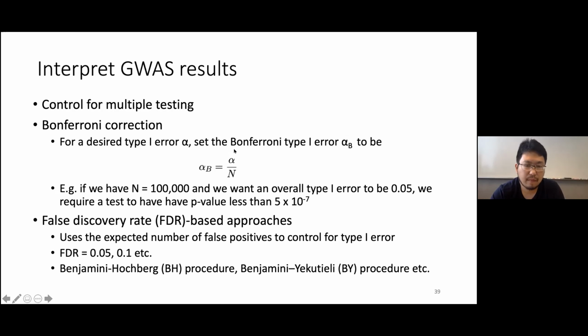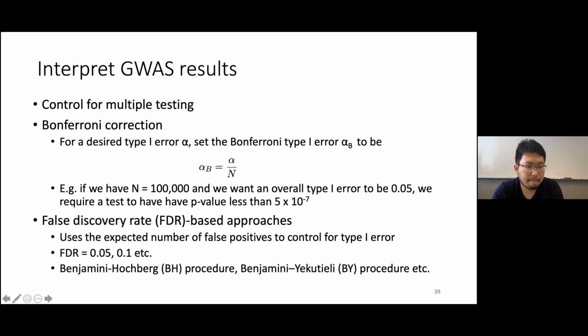So if you set alpha equal to 0.05 and you have 100,000 SNPs, then the p-value here is really, really small. So only the SNPs with p-value smaller than this could pass the genome-wide threshold.